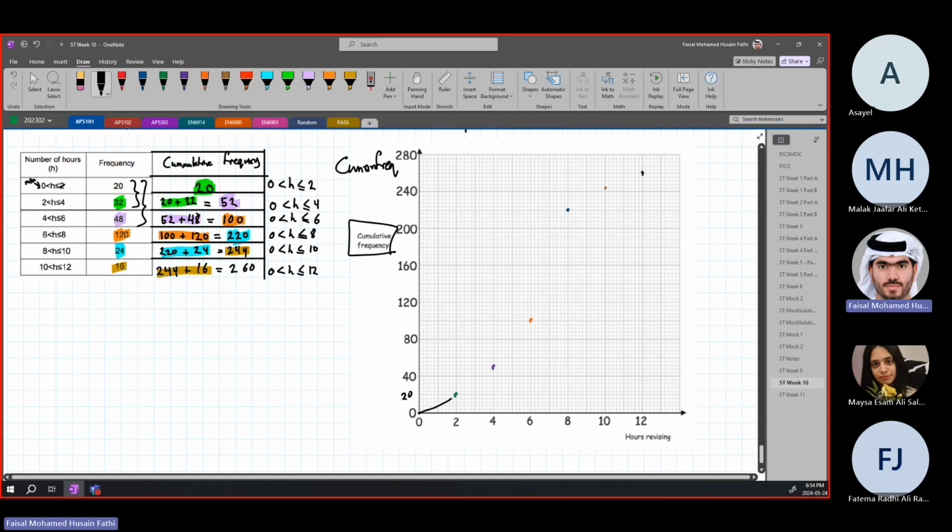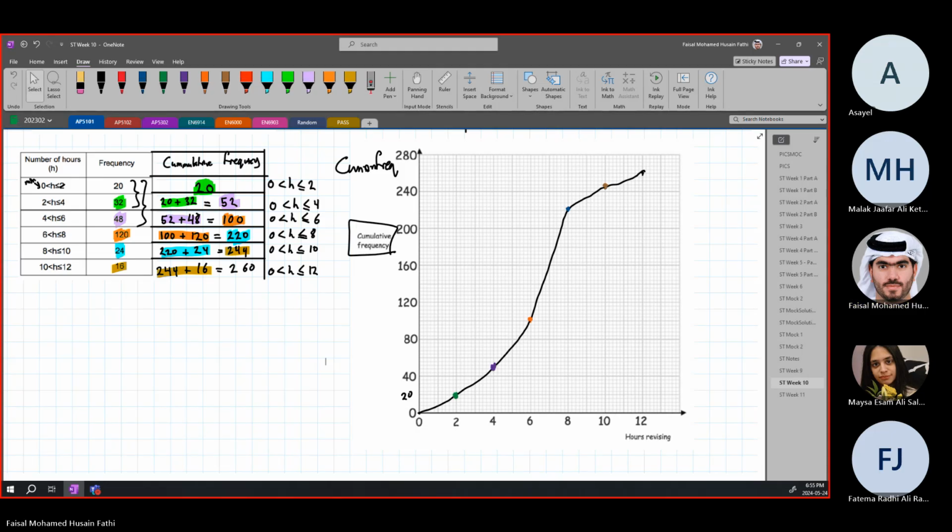You're going to be combining all these dots together. All right. So this is how you would draw a cumulative frequency graph. Again, it is very important to know how to obtain your cumulative frequency values from the beginning so that the plotting of the graph can be much easier.